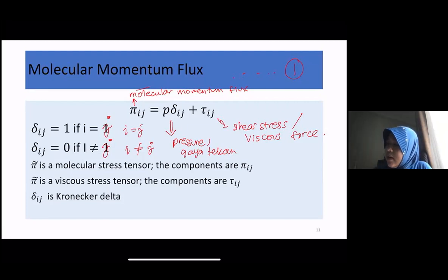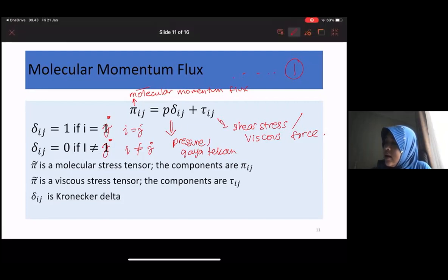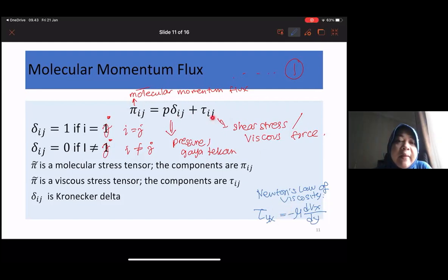In the previous slide, we know that Newton's law of viscosity tells you that τyx equals minus μ dvx divided by dy. So is there any correlation between this one and the molecular momentum flux?